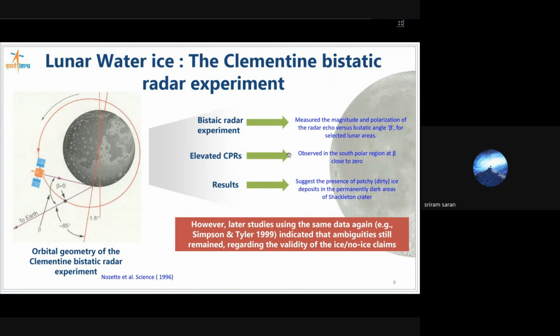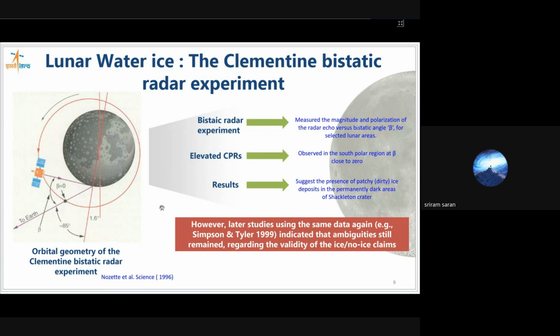So what they observed was very highly elevated CPR values in the south polar region at a bistatic angle close to 0. So they predicted that this could be an indication of the presence of patchy ice deposits in the permanently shadowed regions located in the Shackleton crater. So Shackleton crater is located exactly near the lunar south pole. The rim of this crater has that 90-degree south point.